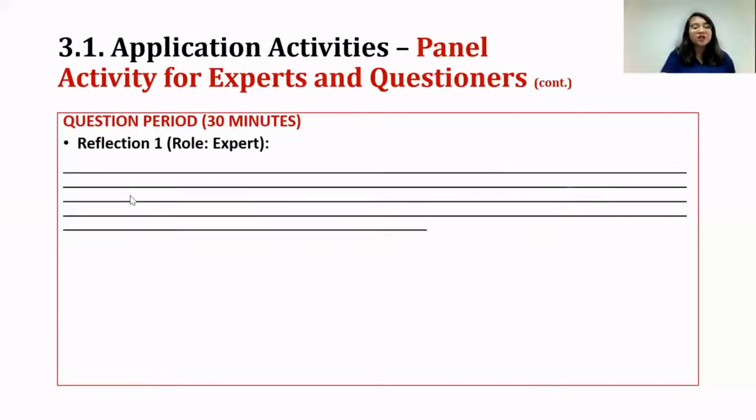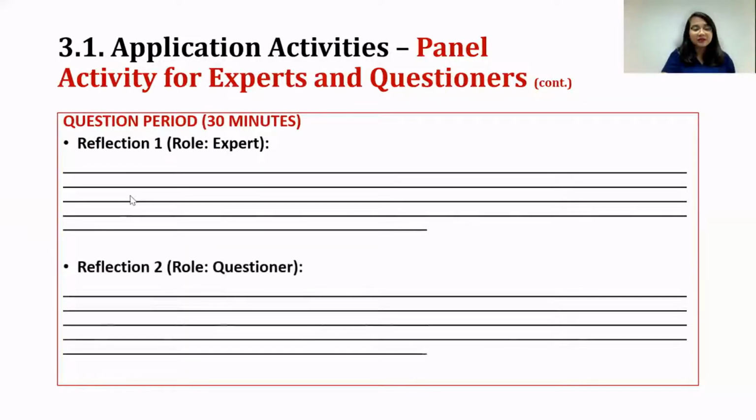And the reflection will be like this. You can provide a handout for them to write down their reflection, and then you can ask them to share it with their peers, and you can also ask them to give feedback to each other based on how they performed earlier.